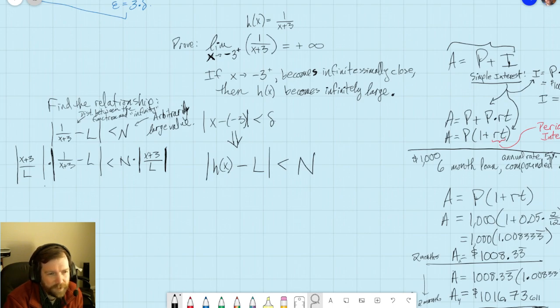This is going to be 1 over L. Absolute value 1 over L minus, here the L's divide out, and we get an x plus 3 up top. Oh, well, actually, we can pull out a negative here. That's fine.